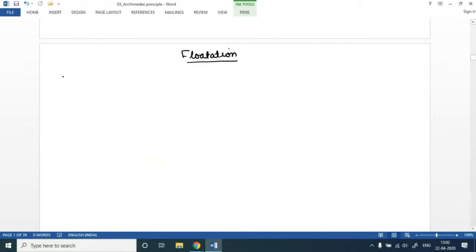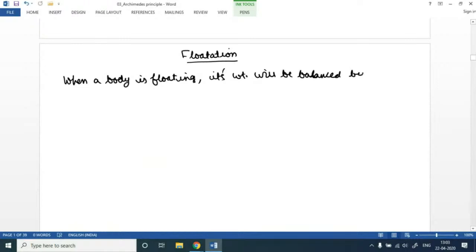So you must realize that when a body is floating, obviously it would be in equilibrium, so its weight will be balanced by buoyancy. That is, like I already said, its effective weight will be 0.